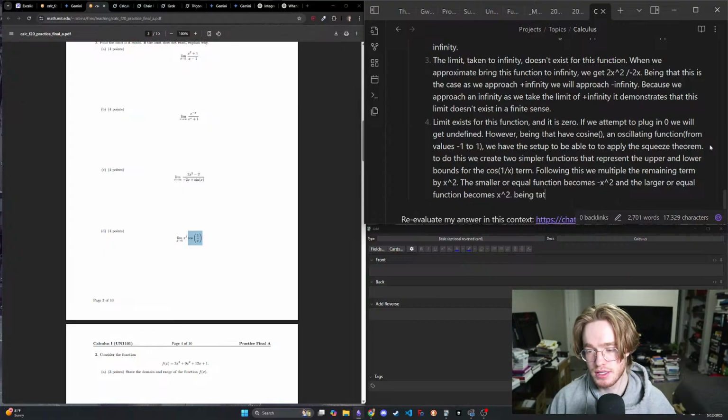Being that as these two functions approach 0, we can make a direct substitution of our limit value.